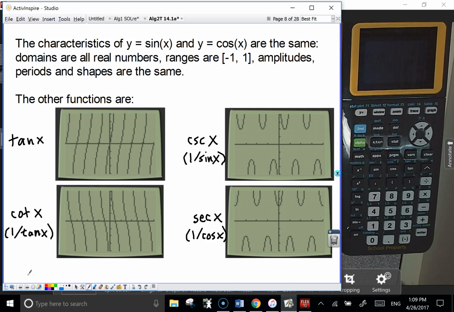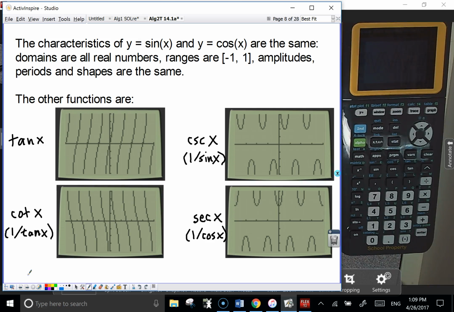So this one has a vertical asymptote at pi over 2, and so would the secant, because it's 1 over the cosine. Cotangent and cosecant have the y coordinate in the denominator, so this time it would have a 0 at 0 and pi and 2 pi. So that's where the vertical asymptotes are.